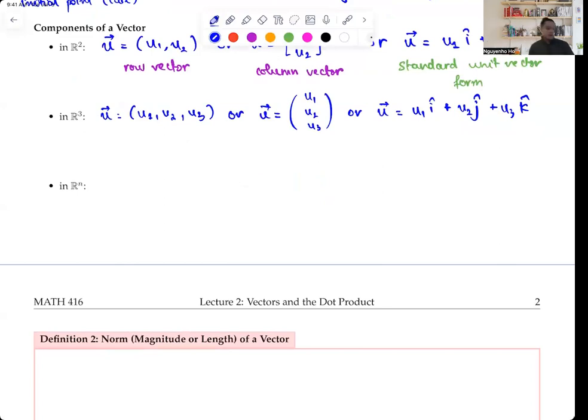For an n-dimensional vector, you write u equal to (u1, u2, up to un). You have n components. Or you write u equal to (u1, u2, dot dot dot, un).